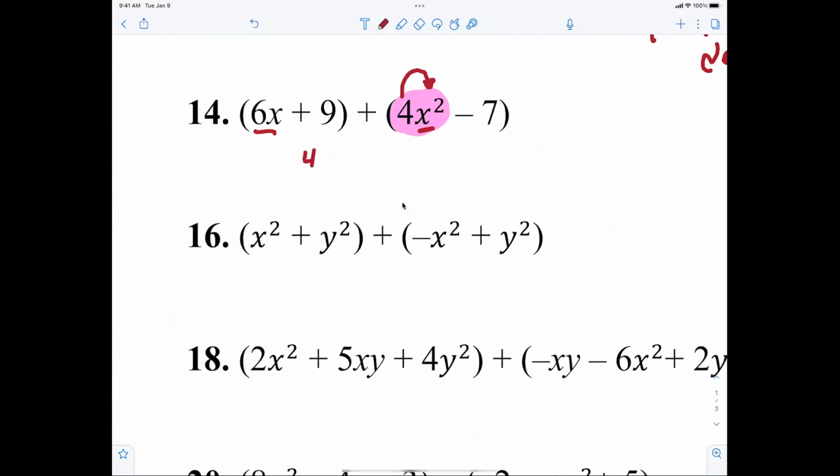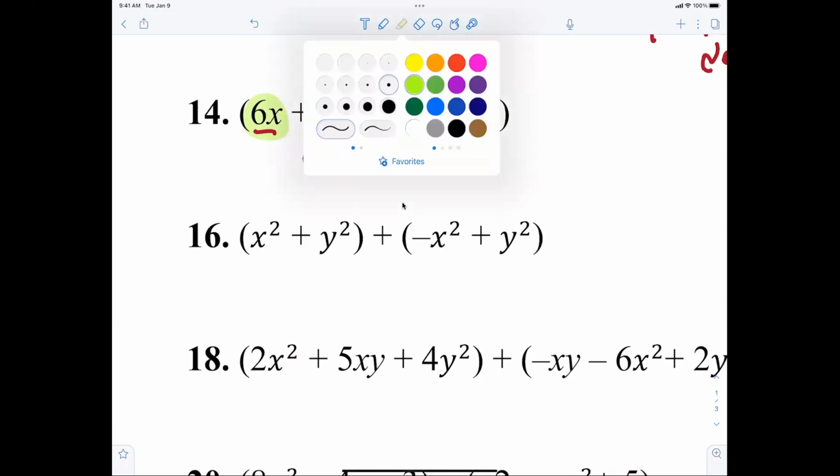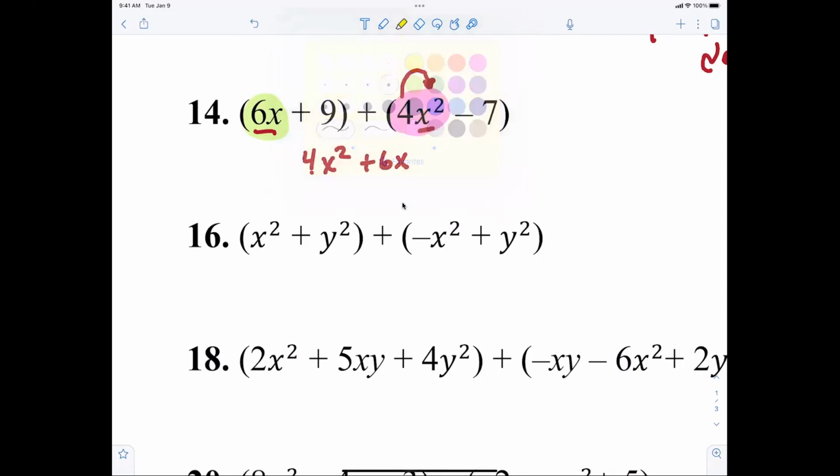No. So it's 4x squared. After x squared comes the what? X's. Is there anything I can combine with the x's? So then it's plus 6x. And now I'm looking for numbers. 9 minus 7 is what? Plus 2. That is your answer for number 14. Combining like terms. Everybody knows how to do this.